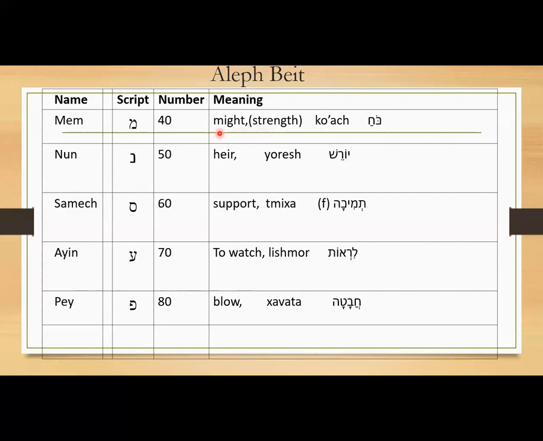Just the 2, they'll bring the 2 in so that you can see it's either might, which means strength. Okay? And might is koach.